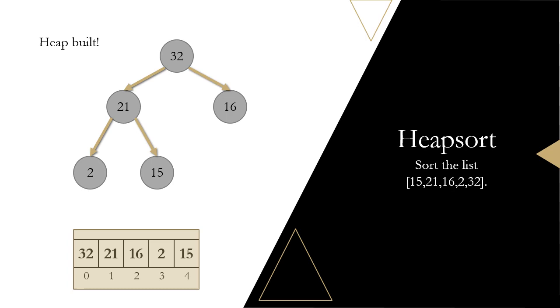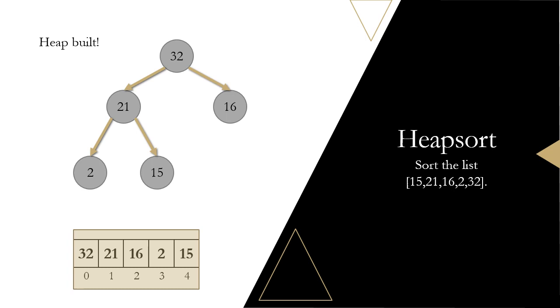So when I start, I'm going to swap the value 32 with 15 because 15 is the last node. And you will see that at the end of heap sort, we will have a sequence in ascending order in the same list that now contains my heap.